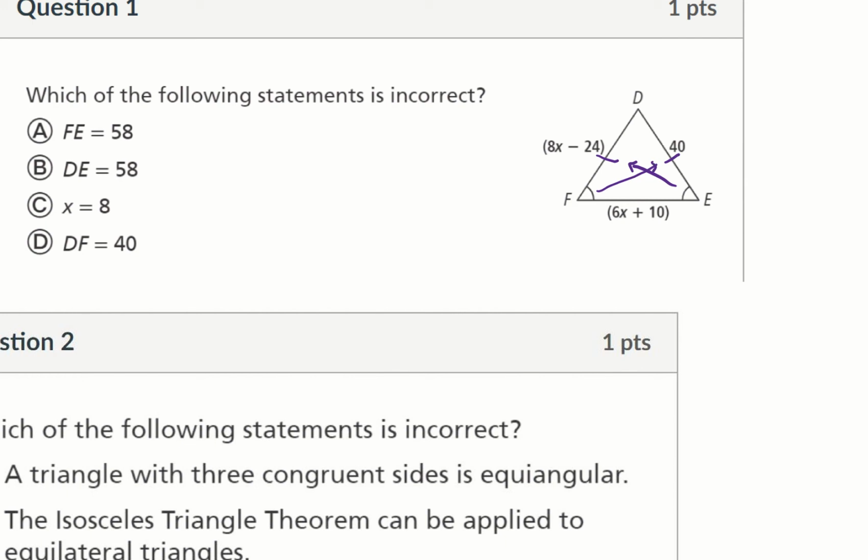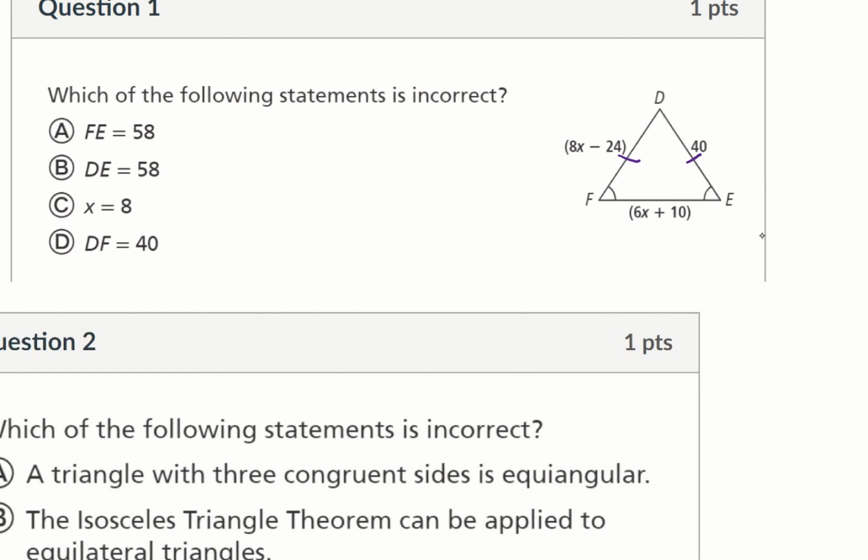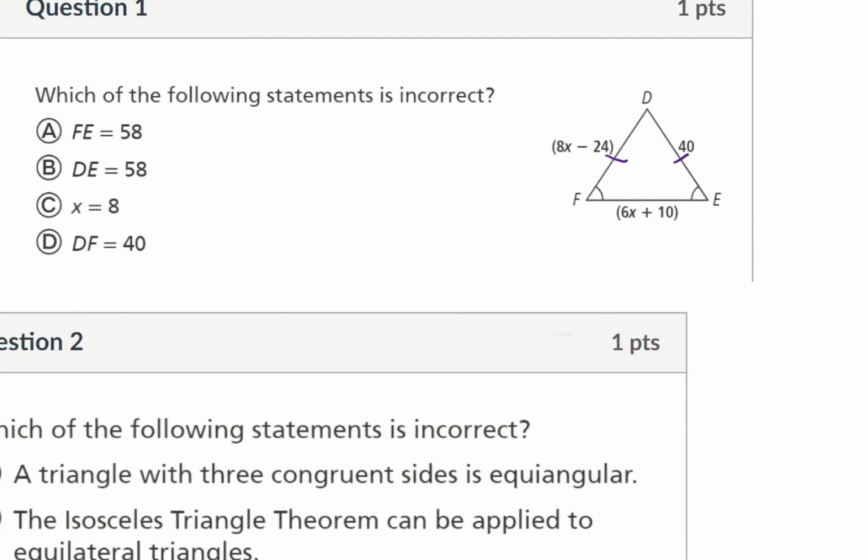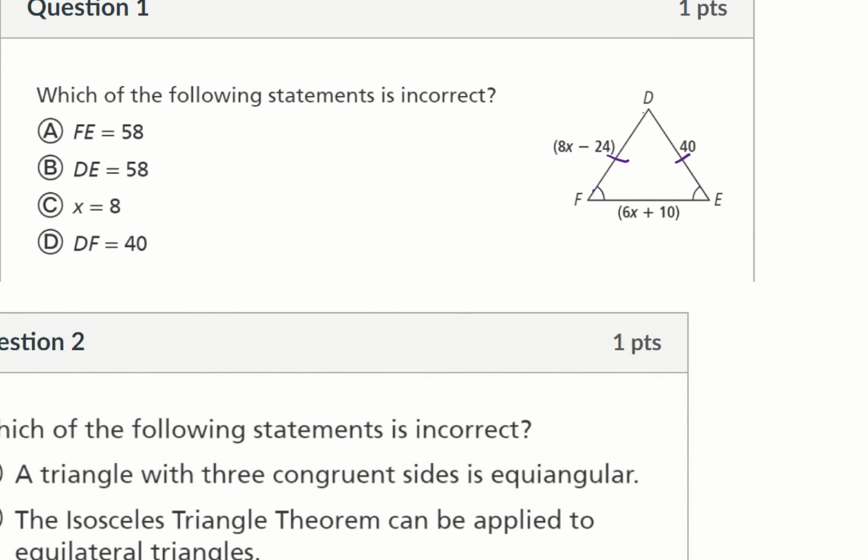Those two sides are opposite those two angles, and since the angles are the same, the two sides are the same. So side DF is equal to side DE. DE is 40 and DF is also 40. So this is technically true, and therefore not the right answer. We're going to cross this out.